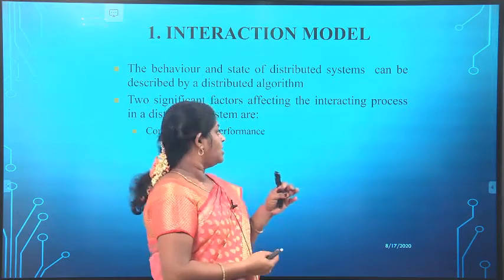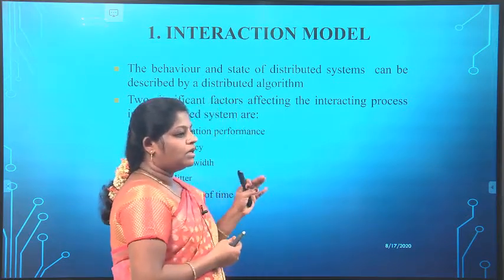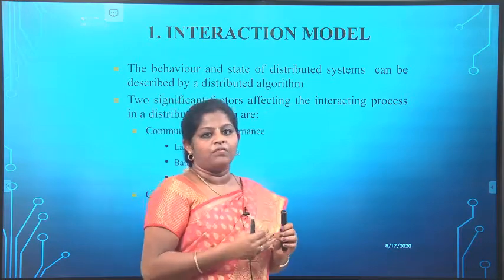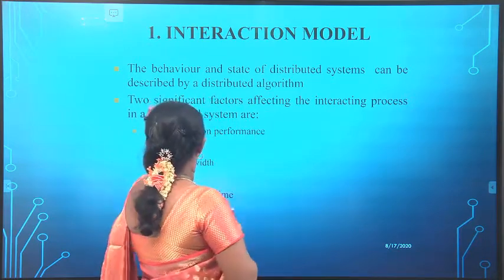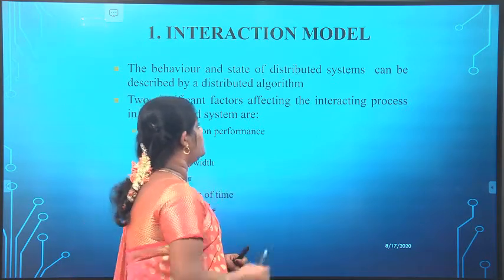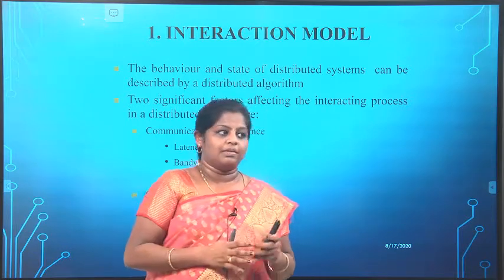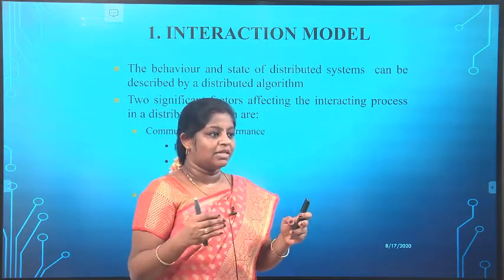Okay, now we'll see about the interaction model. In this model, the computation occurs within the processes. That means it tells about the behavior and the state of the distributed system. The main thing of this interaction model is that the processes interact.